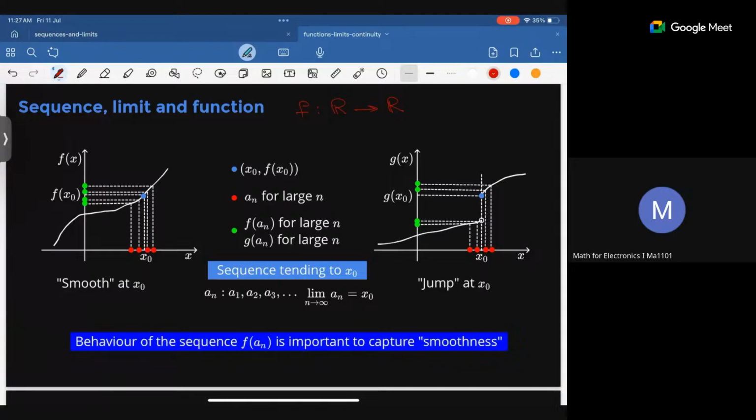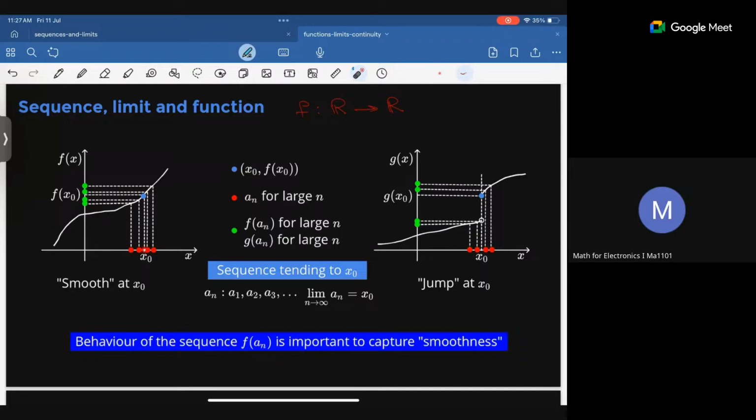Now, if I have to talk about the limit of a function at a particular point, let's say x is equal to x naught, I will say the limit exists if I consider any sequence on the x-axis that converges to this x naught. So I start from some point here and then I move towards x naught. Each step I take is my sequence terms.